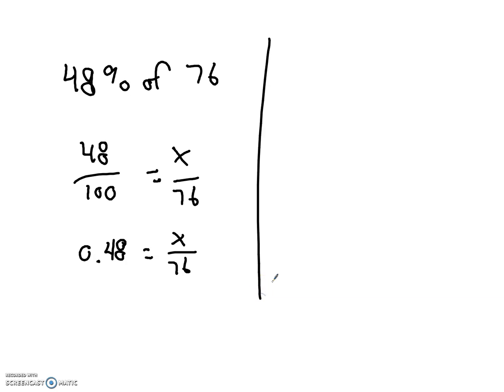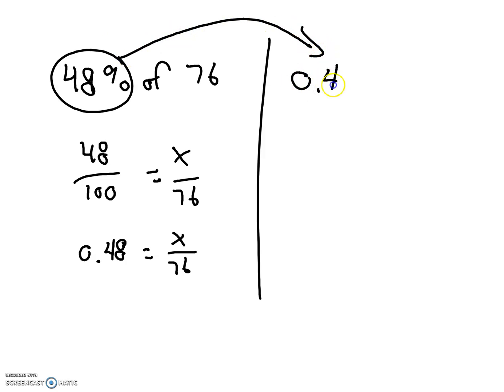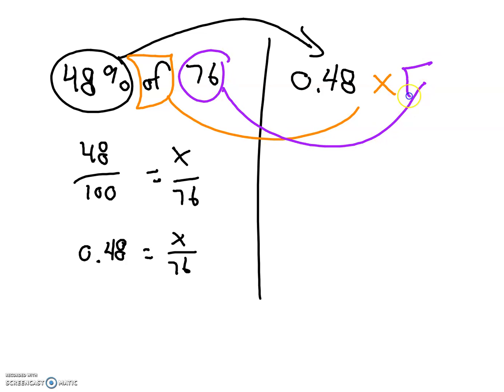So the shortcut is this. You can just change the percent to a decimal, 0.48. And to do that, you always divide by 100 because it's 48 per 100. Think of the "of" as being a times symbol. And then just take the 76 and put it right there.